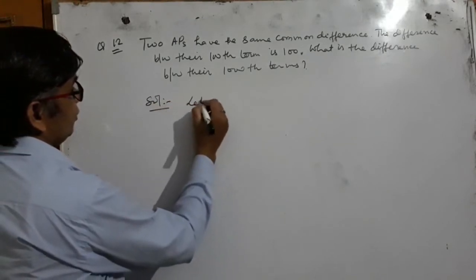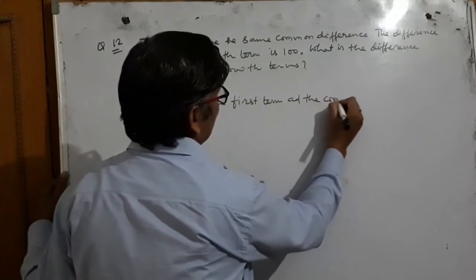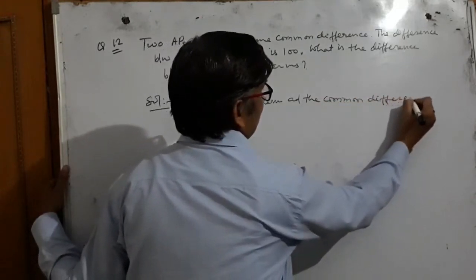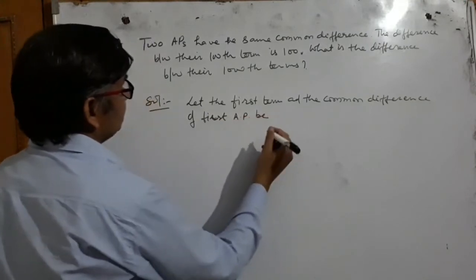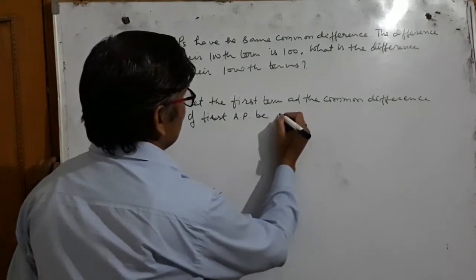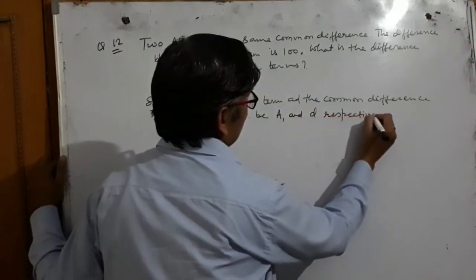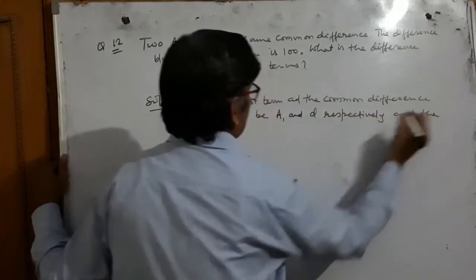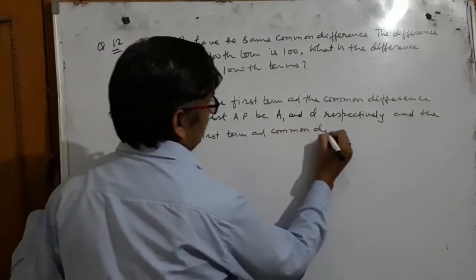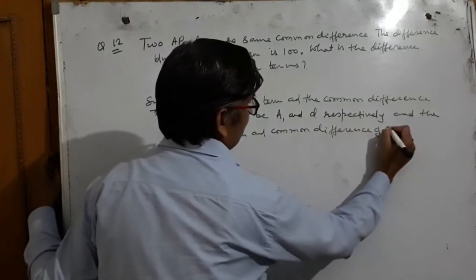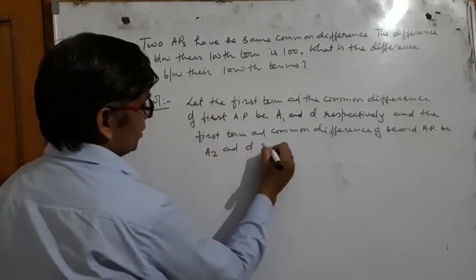Solution: let the first term and the common difference of the first AP be A1 and D respectively, and the first term and the common difference of the second AP be A2 and D respectively.